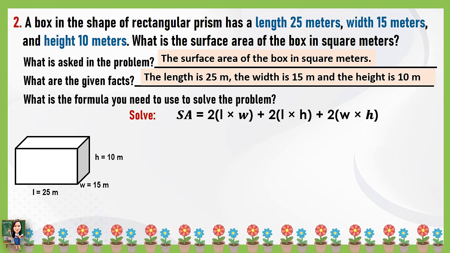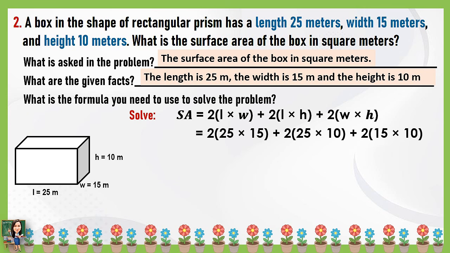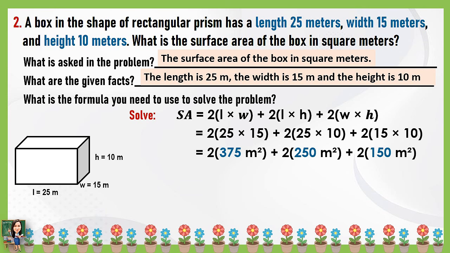Then solve. Let's solve first length times width, which is 25 times 15 equals 375 square meters. Then length times height, which is 25 times 10 equals 250 square meters. Then width times height, which is 15 times 10 equals 150 square meters.